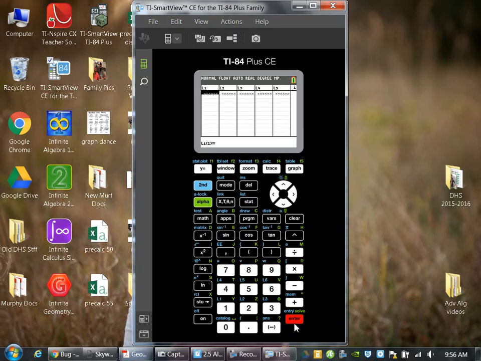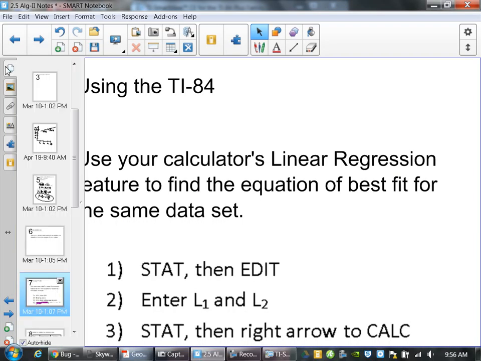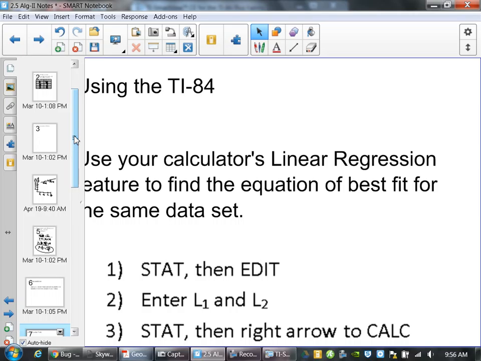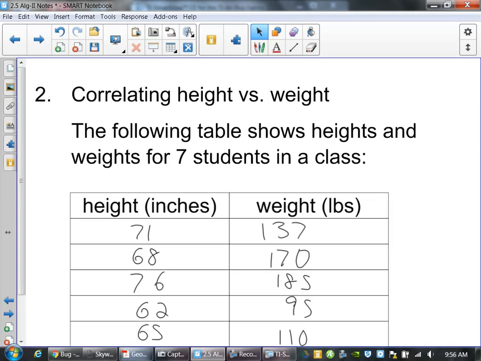L1 is your weights, L2 will be your heights, because you guys reversed it on our equations, okay? We did it backwards because you guys wrote in terms of weights.